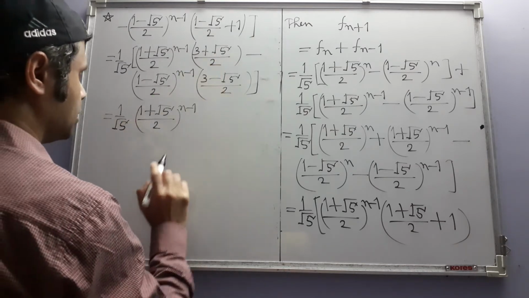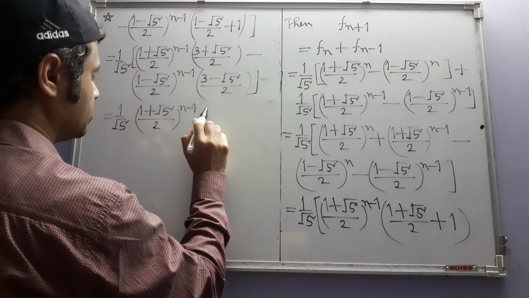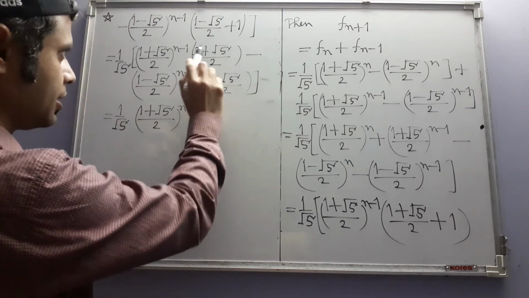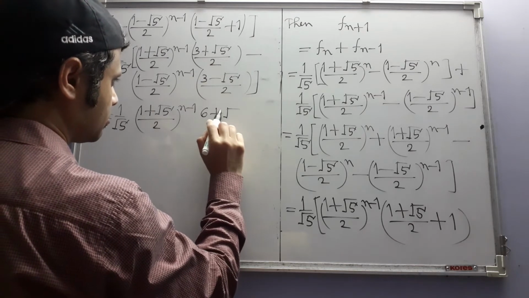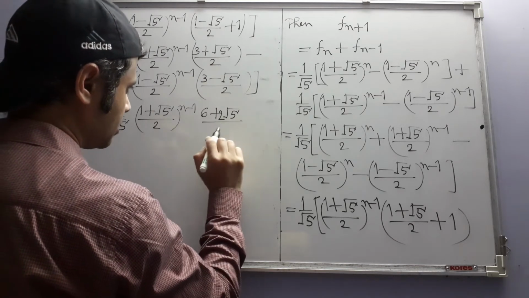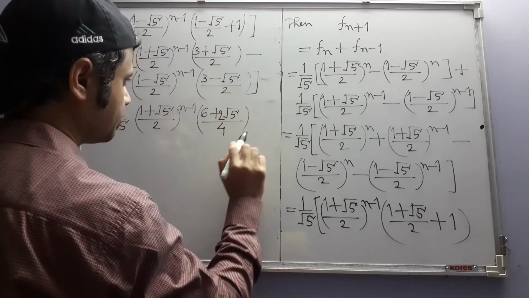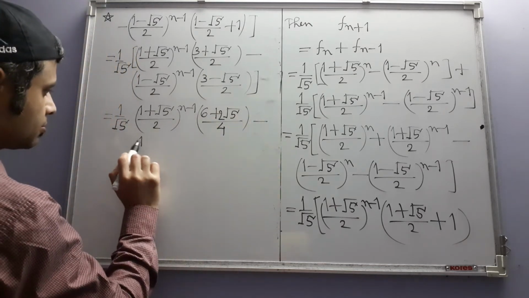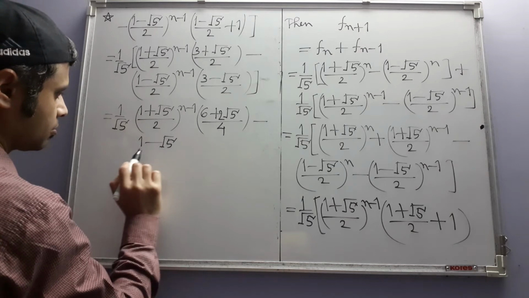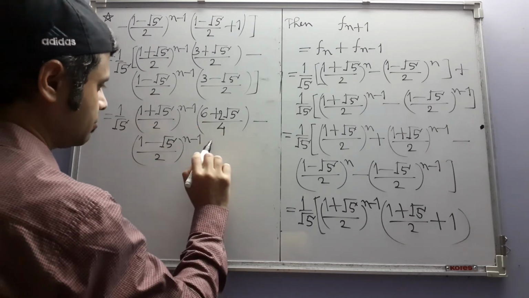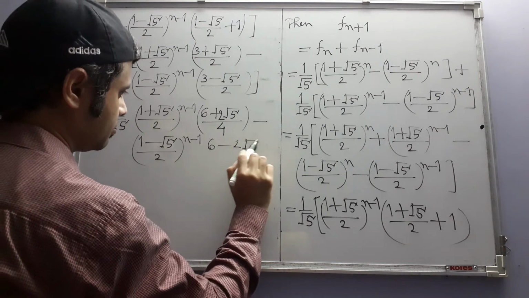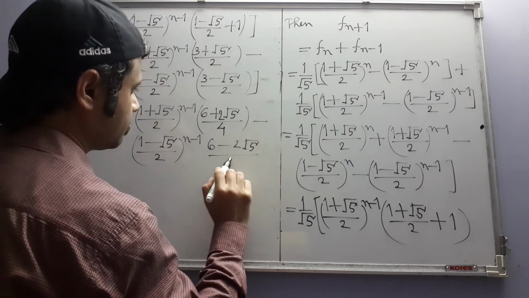And here we can do a little trick. We can multiply and divide by 2. It will become apparent why we do that. Minus, here also we multiply and divide by 2.